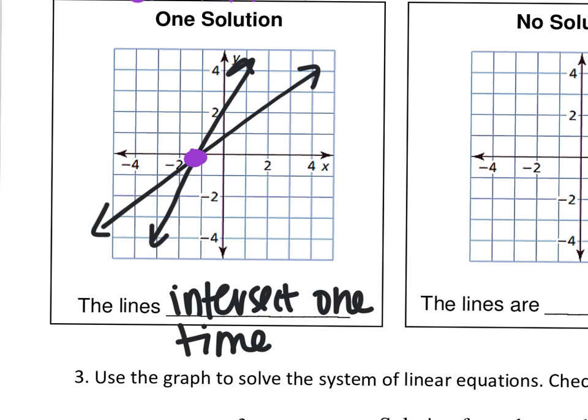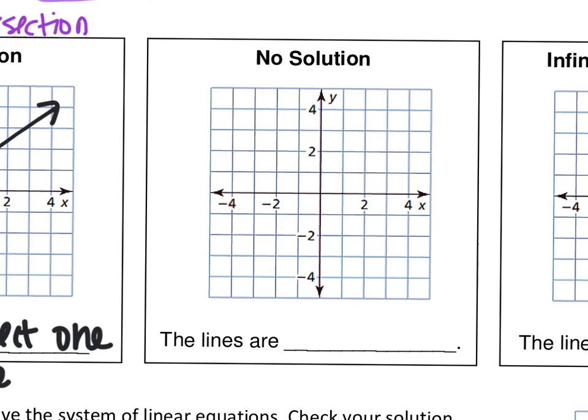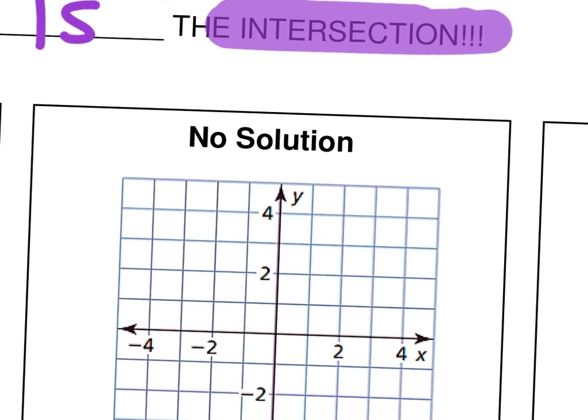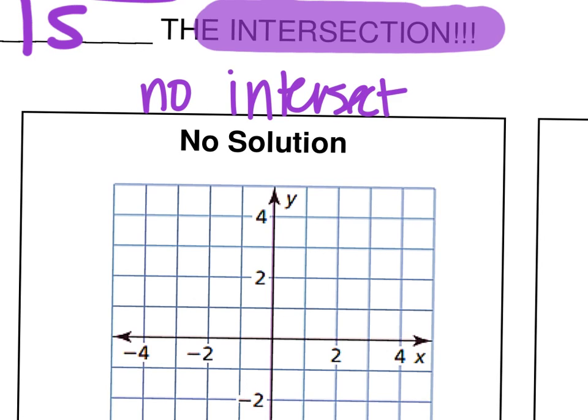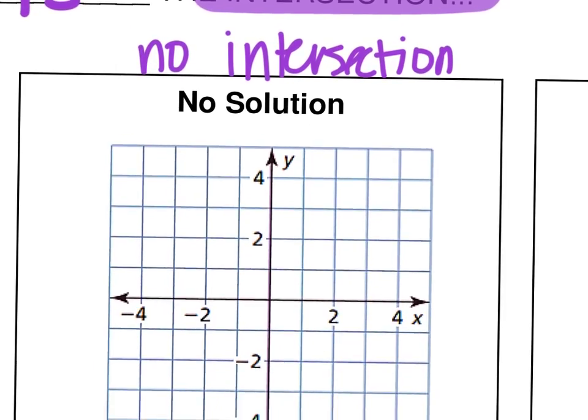If I had a system, looking at the next example, that had no solutions, well, something that has no solutions is going to be something that has no intersection. Think about it. What kind of lines have no intersection?